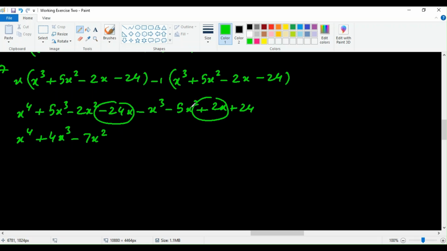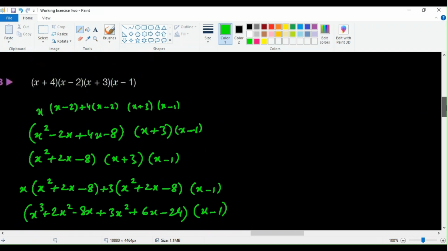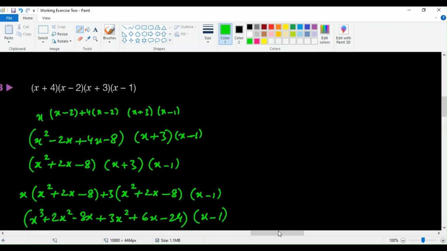These two are going to give us a minus 22x. And now comes number minus 5 and plus 24 gives us 19 as the final answer for this question number 8, which is the last question of this exercise and this presentation as well.